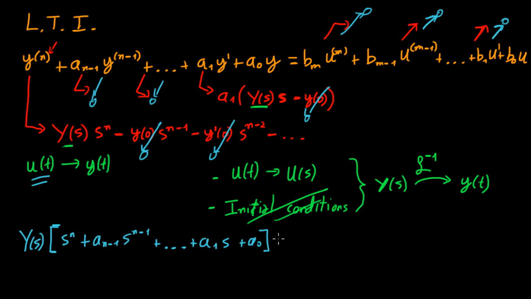And in the input side, we take out U of s as common factor, and this is multiplied by the polynomial bm s to the m plus all the rest of terms until b1 s plus b0.